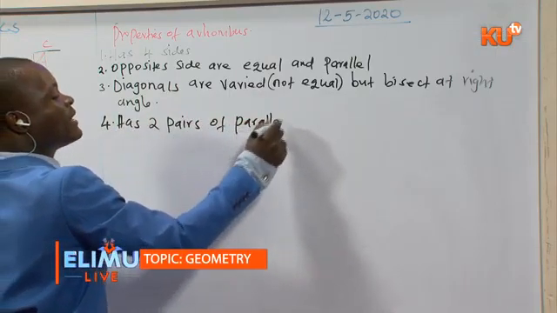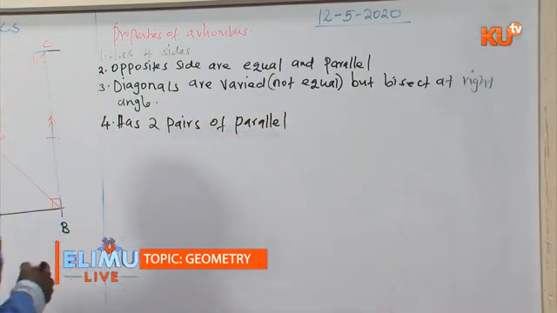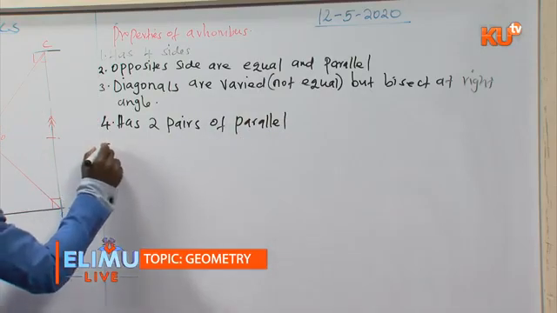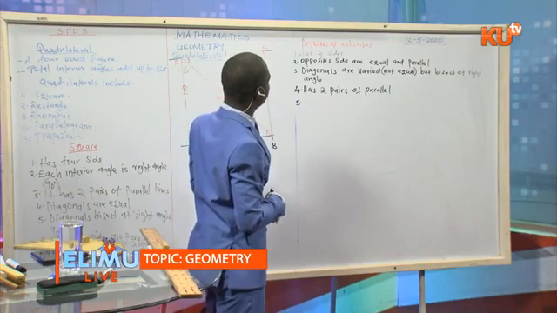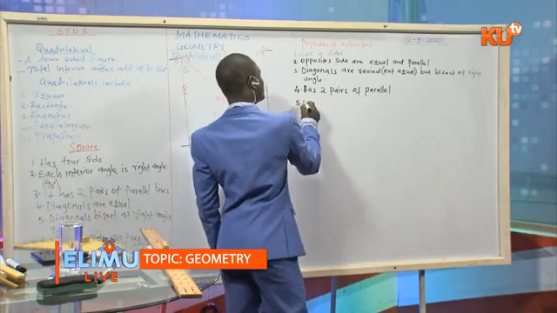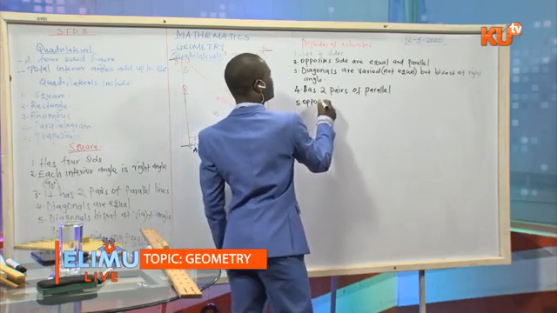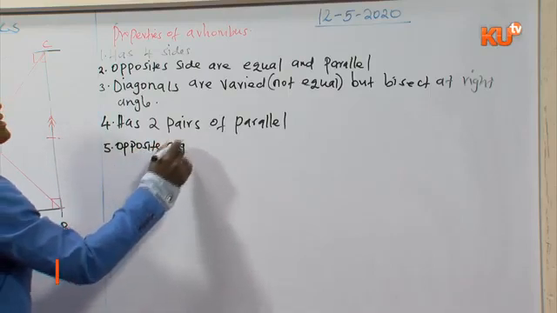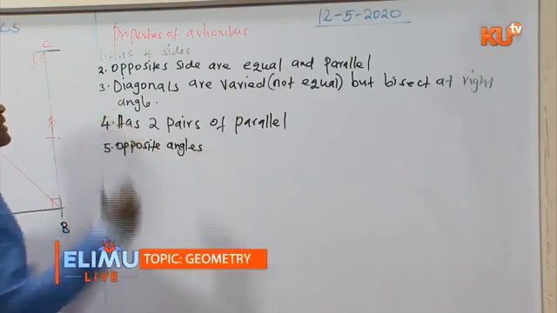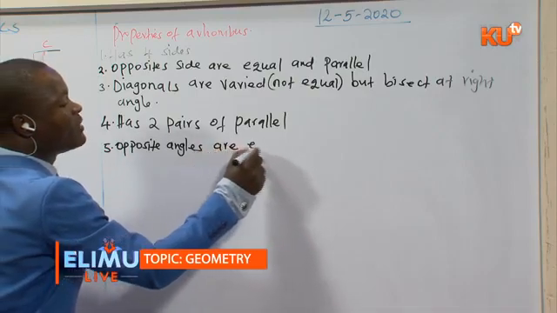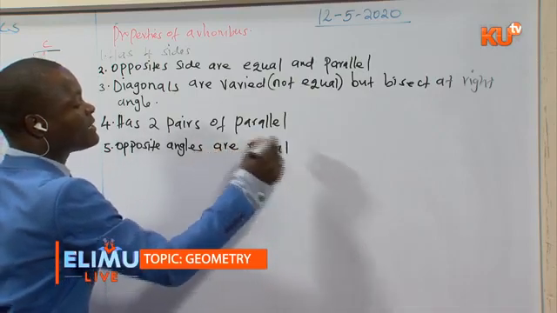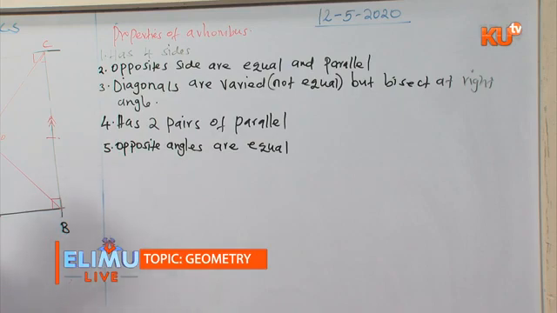Number four, the fourth property of a rhombus is that it has two pairs of parallel lines, just like a square. And then the fifth property of a rhombus is that opposite angles are equal. I will explain that after I have drawn it.